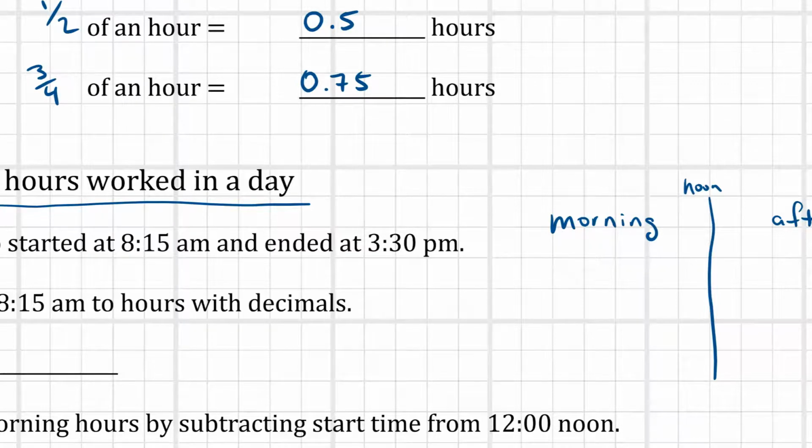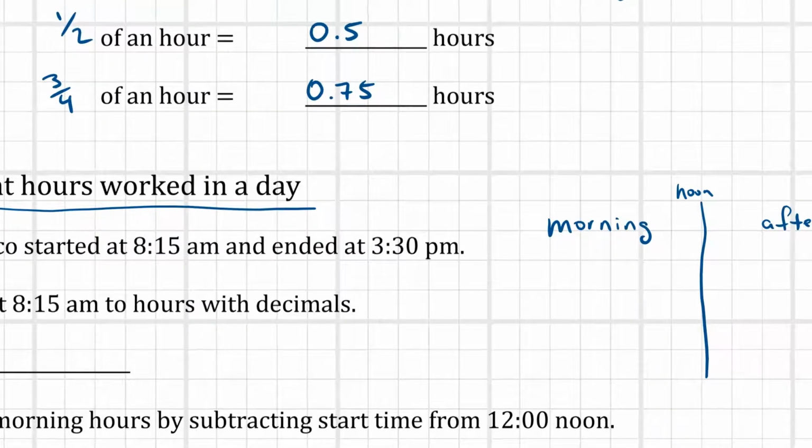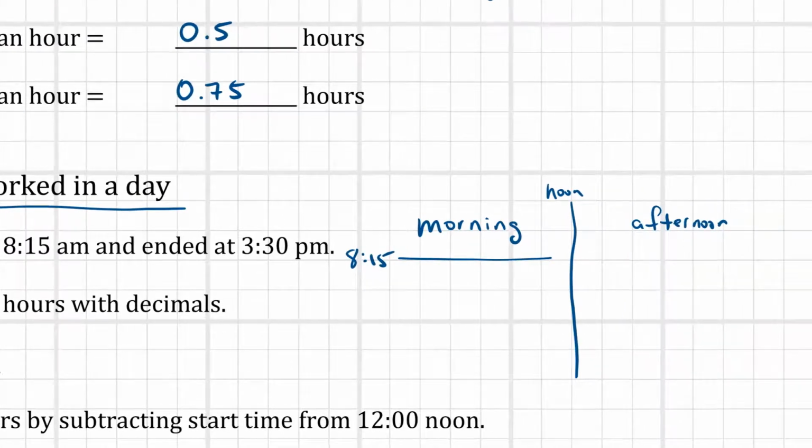It helps to divide that up. So we start at 8:15 in the morning, and then it goes up till 12 noon, and then in the afternoon it goes from here and it stops at 3:30. So I think it's helpful for us to figure out how many hours Franco works in the morning, how many hours Franco works in the afternoon, and then we're going to add those two together.